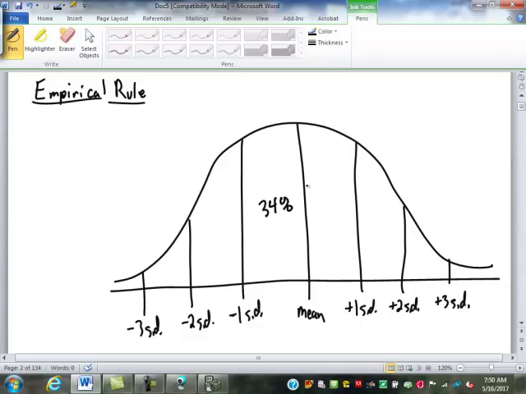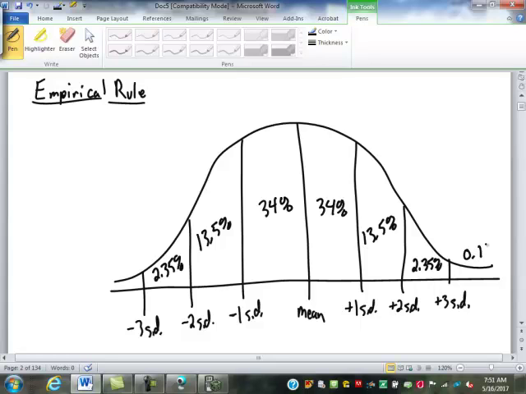34% of the data should be between the mean and 1 standard deviation below the mean. 34% should be between the mean and 1 standard deviation above the mean. Between 1 and 2 standard deviations on each side should be 13.5% of the data. Between 2 and 3 standard deviations should be 2.35% of the data.